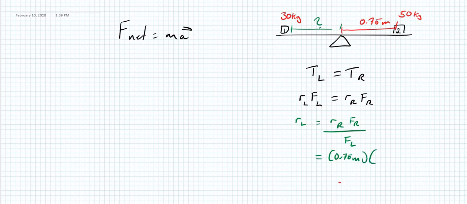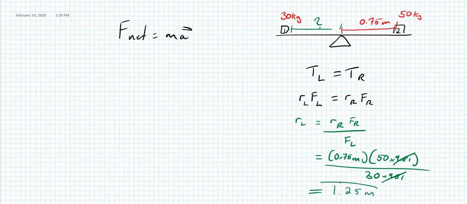The force is the weight, which is mass times gravity, so 50 times 9.81 divided by 30 times 9.81, and you can see that the 9.81 is going to cancel out anyways. So for us it is 0.75 times 50 divided by 30, which is going to give you 1.25 meters.